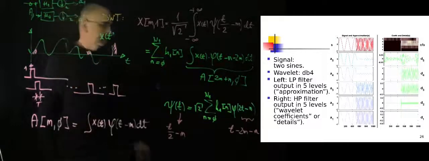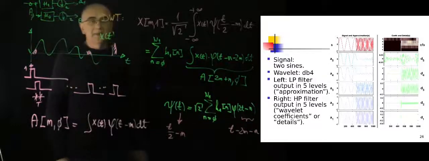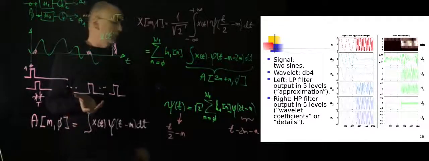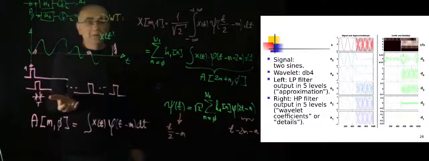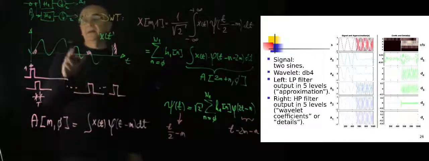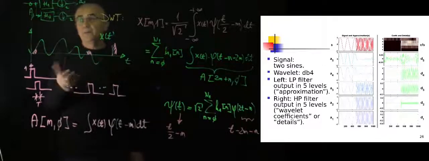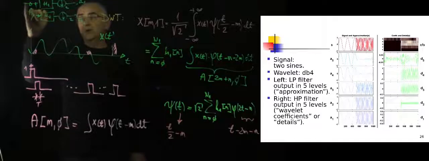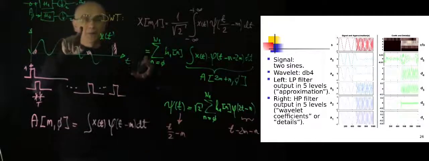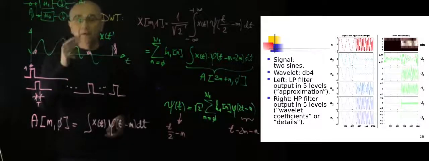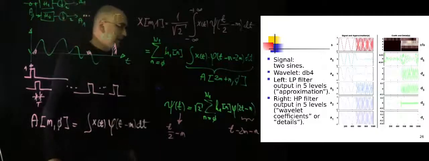On the left-hand side, you can see the approximation coefficients, and they look like a subsampled original signal. That's why we call them approximation coefficients. It is an approximation of the original signal, but of lower resolution. So we have only 500 coefficients right here.